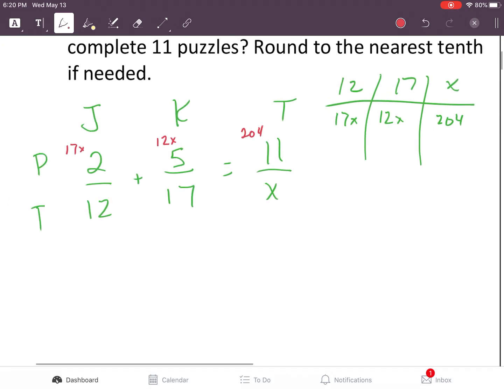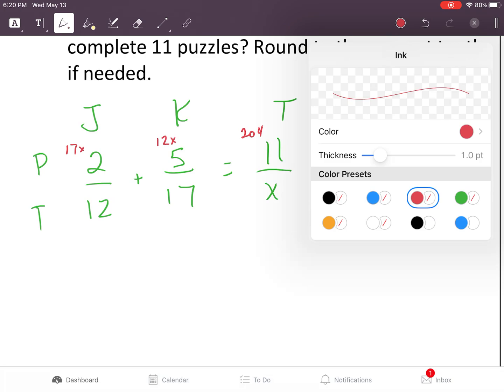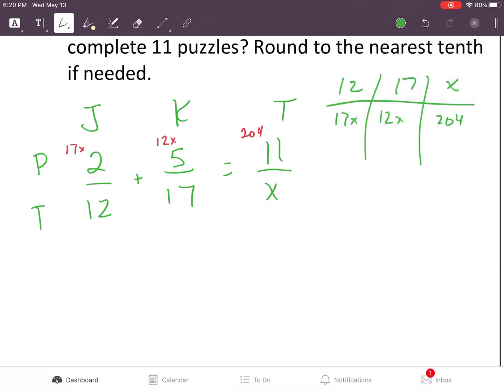When we multiply it out, we get 17 times 2 is 34x. 12 times 5 is 60x. And 204 times 11 is 2,244.